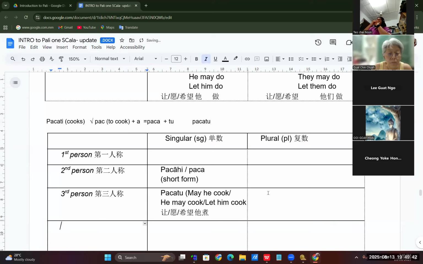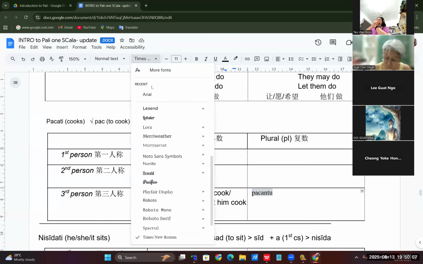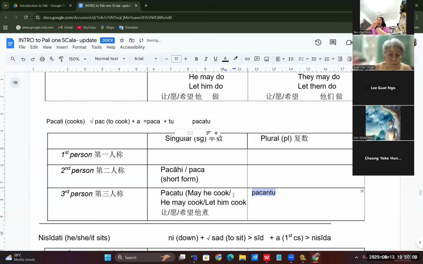The next one will be Pachantu. Remember ti, anti, sitamima. Here it will be tu, antu, hitamima. So Pachatu, Pachantu, Pachahi.